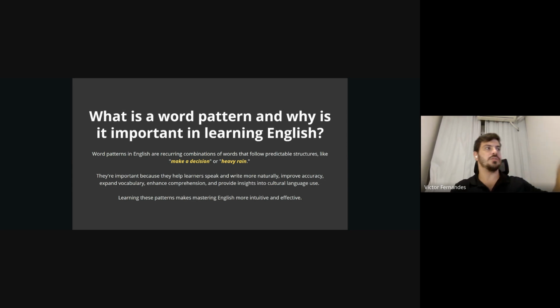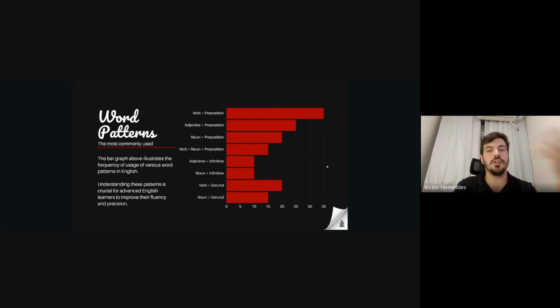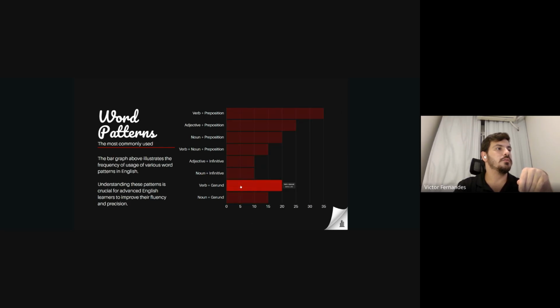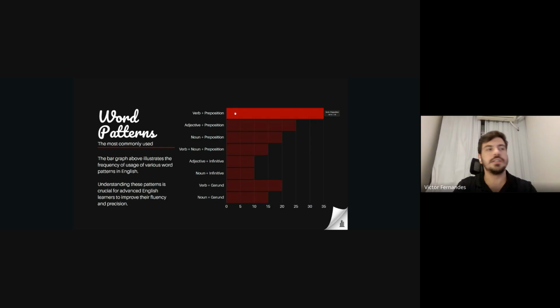But these expressions, these word patterns, are a combination of words, a group of words that express a message. For example, make a decision or heavy rain. But there are some patterns that we follow to get to it. So, for example, here's a graphic where you can see all the possible combinations that you may get.